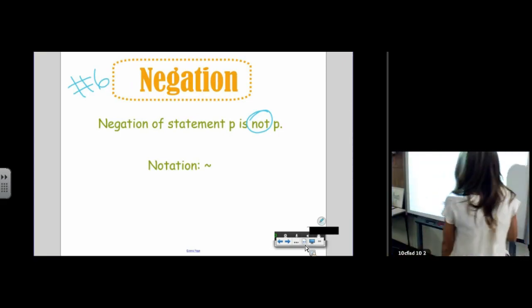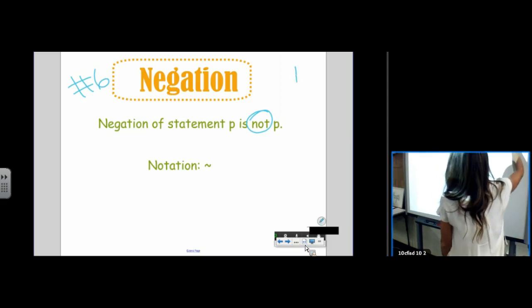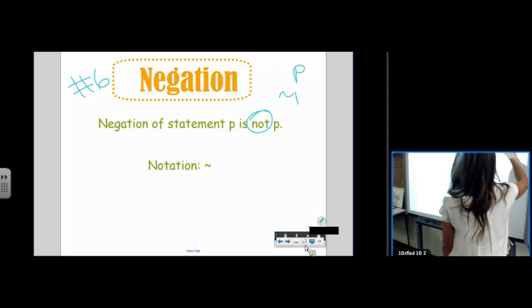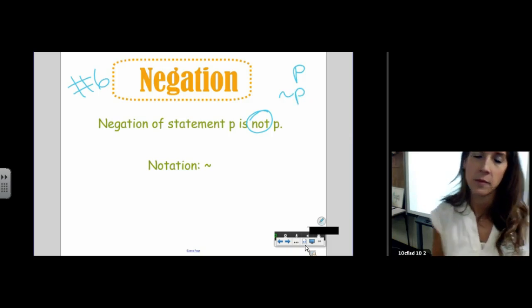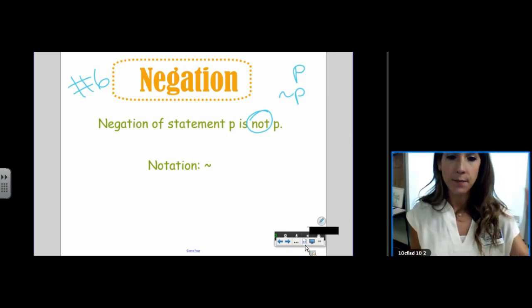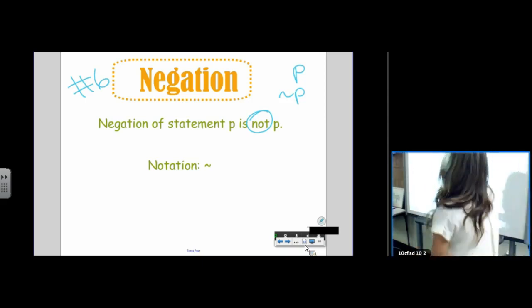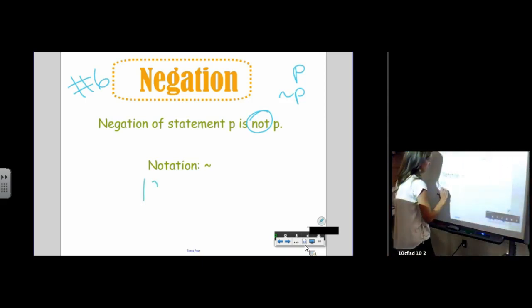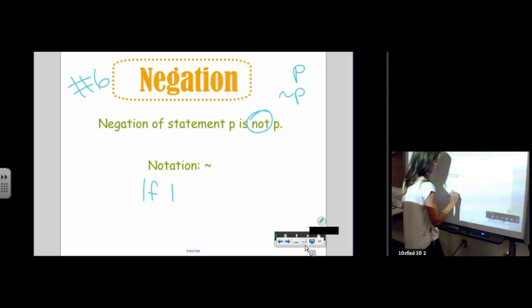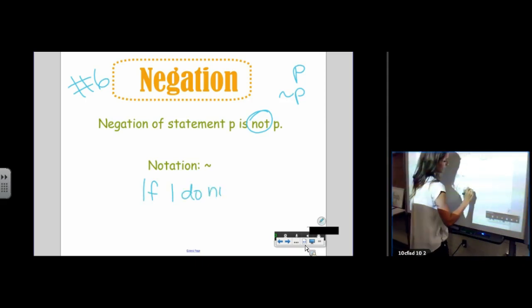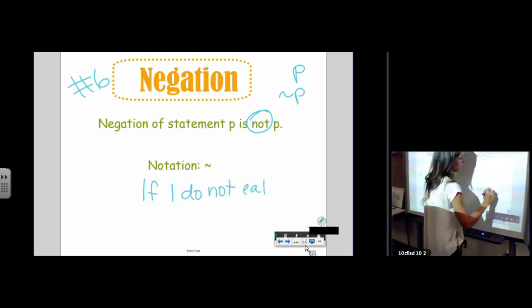So, if my statement was P, the negation would be not P. So if my statement was, if I eat pizza, here's the example. My negation is, if I do not eat pizza. Ooh, it was if I'm hungry.